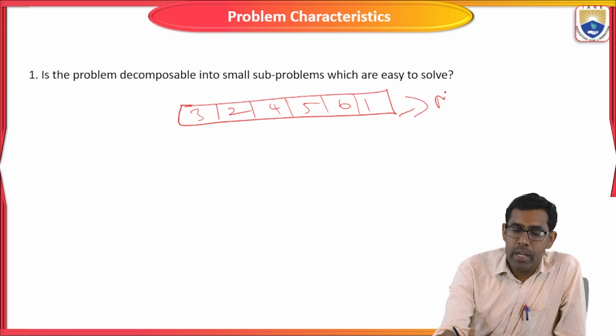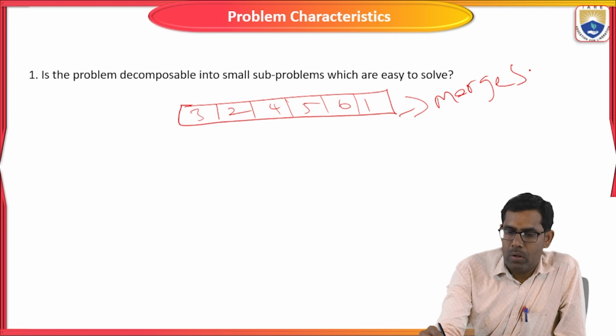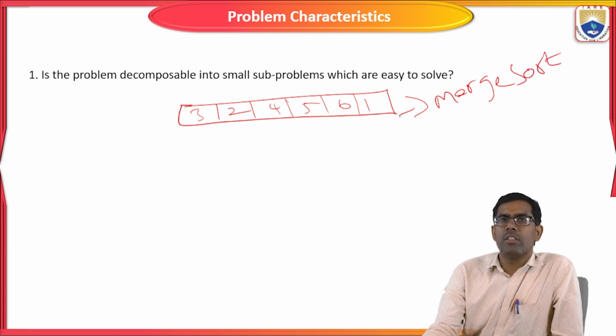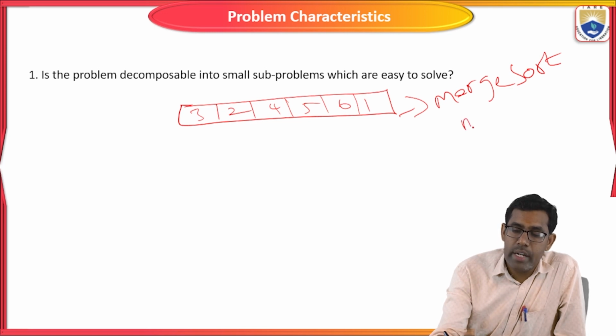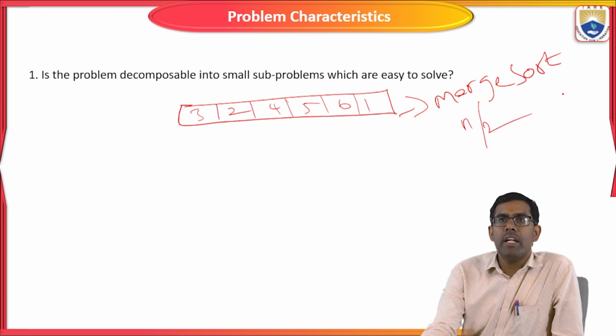I'm using the merge sort concept here. First of all, we are going to divide it into 2, that is, the number of elements divided by 2. We are going to use the divide concept.